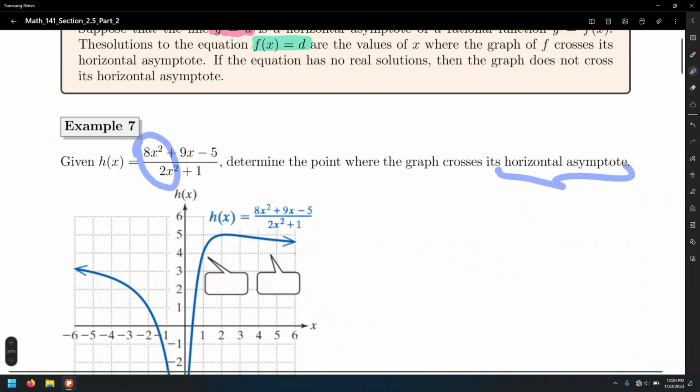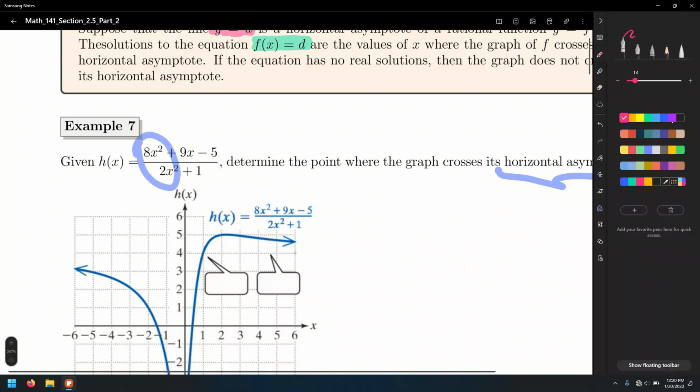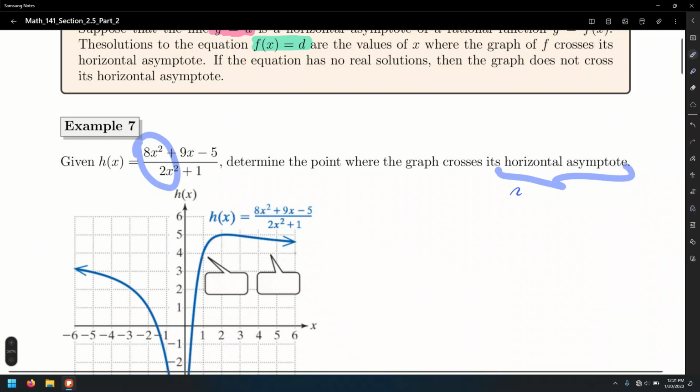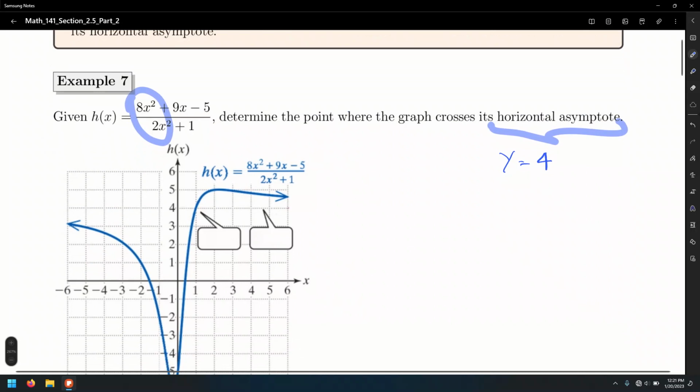It's the ratio of the leading coefficients, right? Because in this case, the degrees match. So y equals 4. That means we need to set 8x squared plus 9x minus 5 divided by 2x squared plus 1 equal to 4 and solve the equation. This is a rational equation. We need to clear the denominators by multiplying both sides by whatever we have in the denominator.